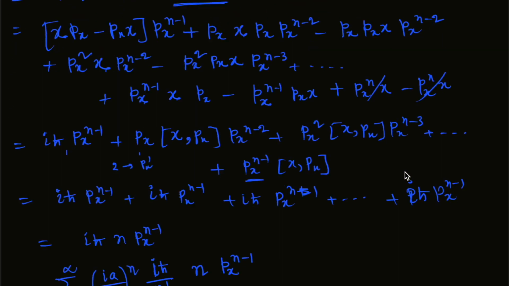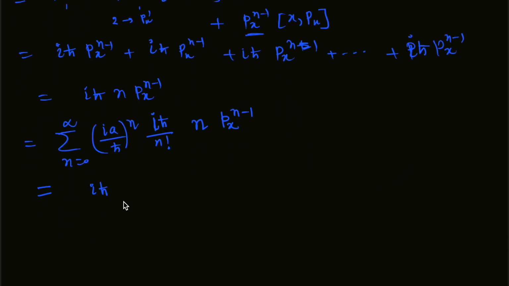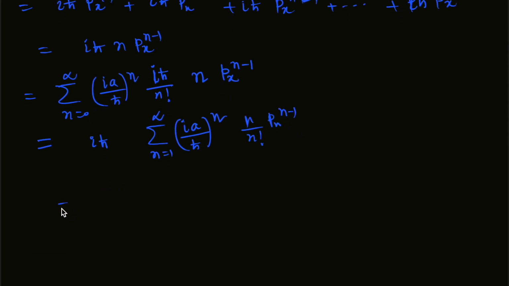That means n equal to 1 to infinity, (i a/ħ)^n, 1 by n factorial, n px^(n-1), which is nothing but iħ ∂/∂px of the exponential e^(i px a/ħ).